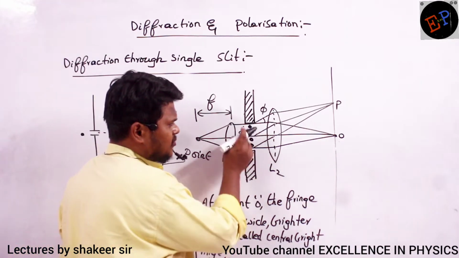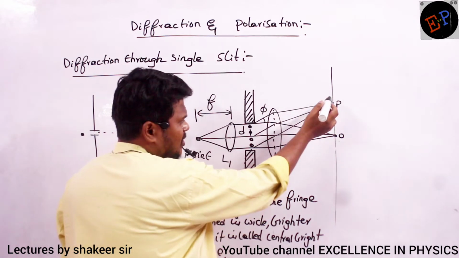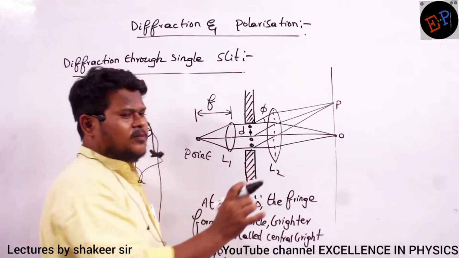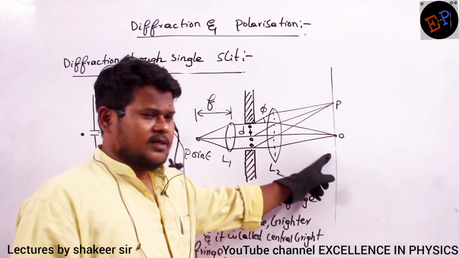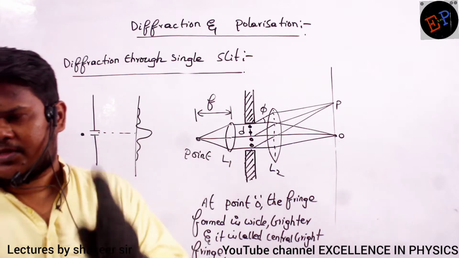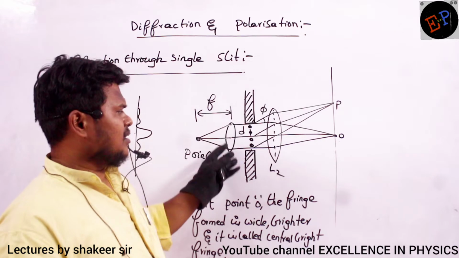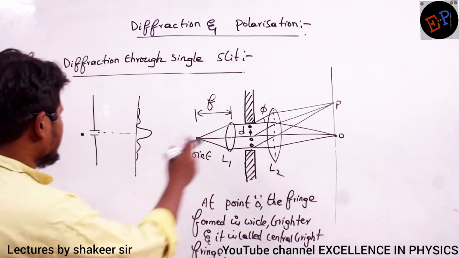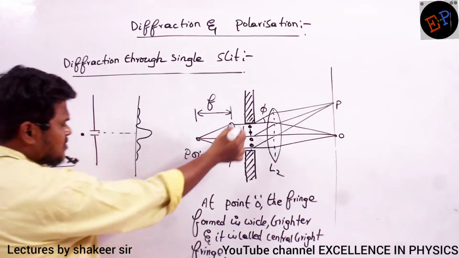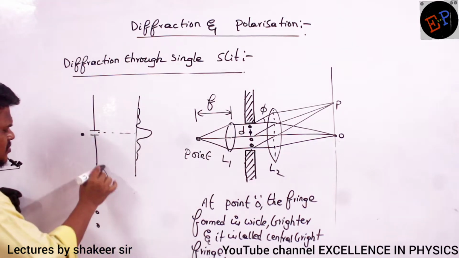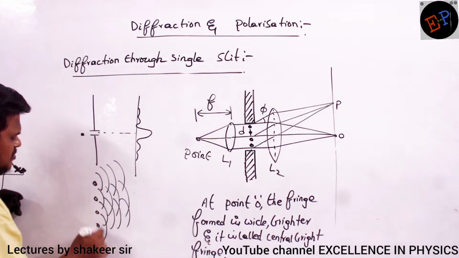Now when some of the light rays have traveled and reached this point P, the question is whether a bright fringe is formed or a dark fringe is formed. That I don't know. At the center, definitely a bright fringe will be formed. At the next positions, when other light rays reach there, these point sources which are present in this gap behave like secondary sources.